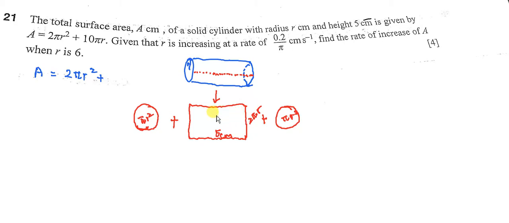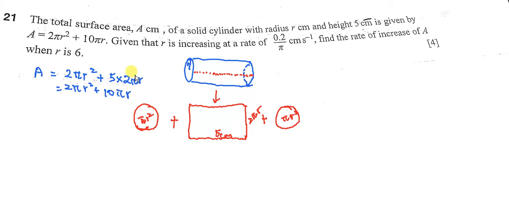Now, to find the area of the rectangle is basically taking the length, which is 5, times this width here, which is 2 pi r. Then you get 2 pi r square plus 10 pi r. That's how we obtain this equation.